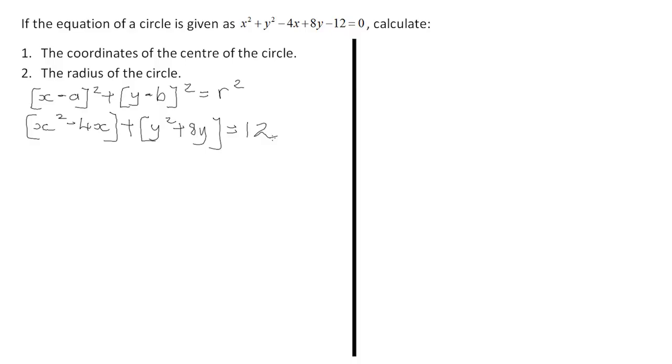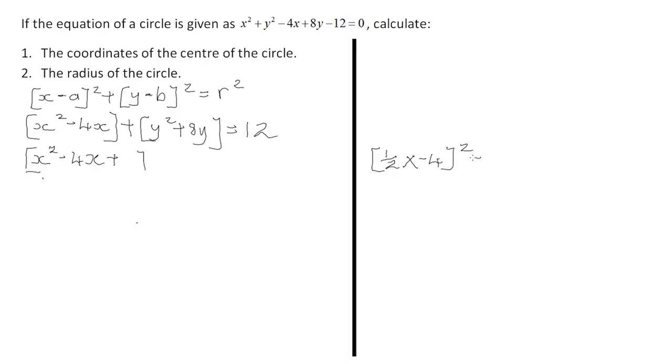Then the next stage is we need to complete the square in terms of x's, and we need to complete the square in terms of y's. How will you do that? It's going to be x squared minus 4x. How will you complete the square in terms of x? Always the formula is a half times the coefficient of x. In this instance, it's minus 4, and that needs to be squared.